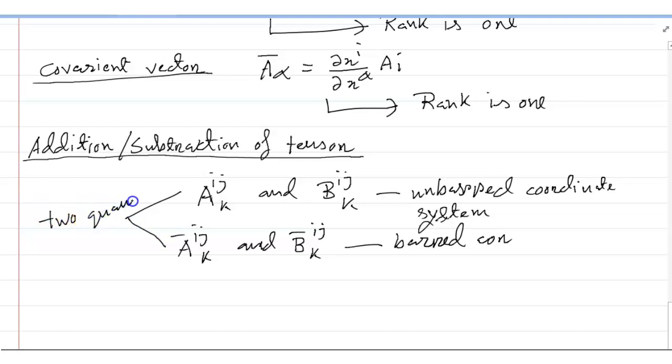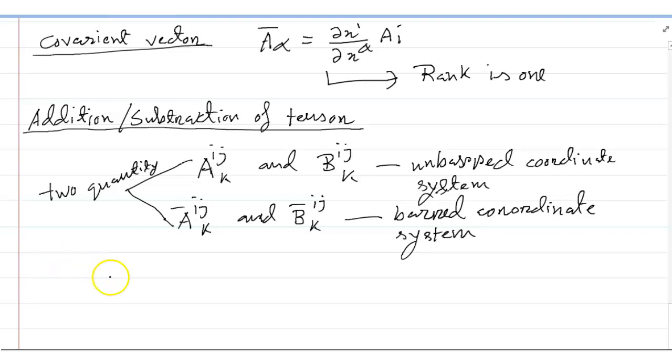The quantities are represented in two coordinate systems, meaning one is unbarred and another is barred. So friends, let's start the addition.